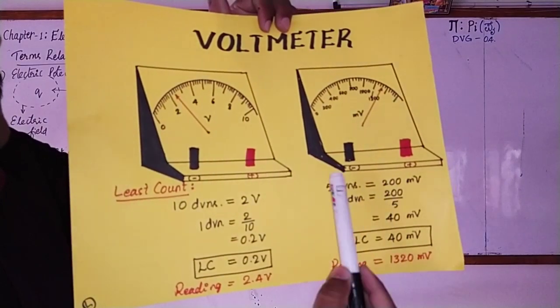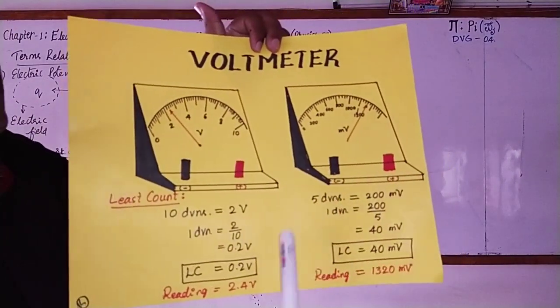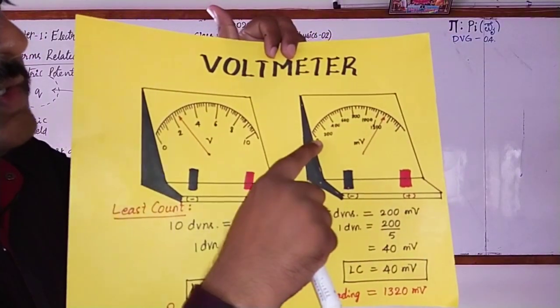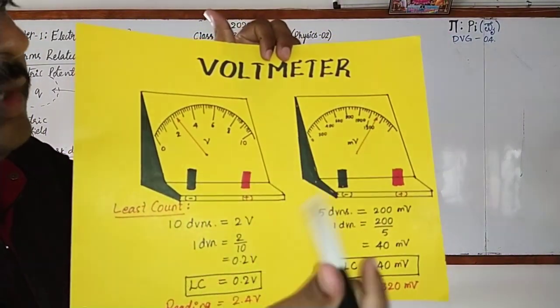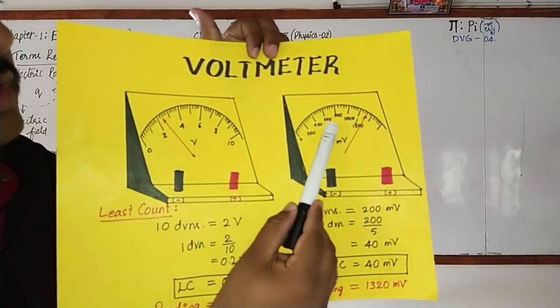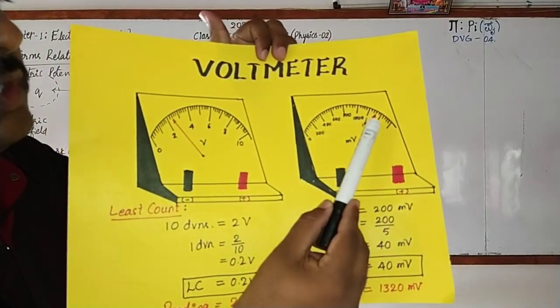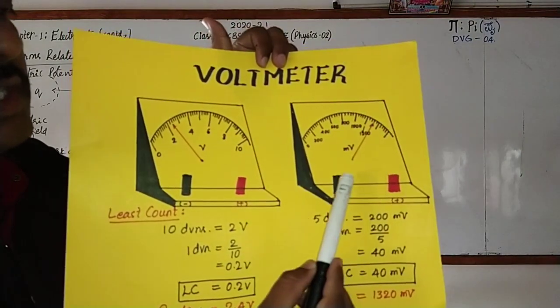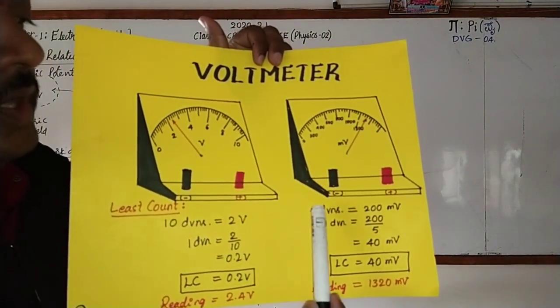First let us find the least count of this voltmeter. Here 0, 200 millivolts, 400 millivolts, 600, 800, 1000, 1200, 1400, 1600 millivolts.